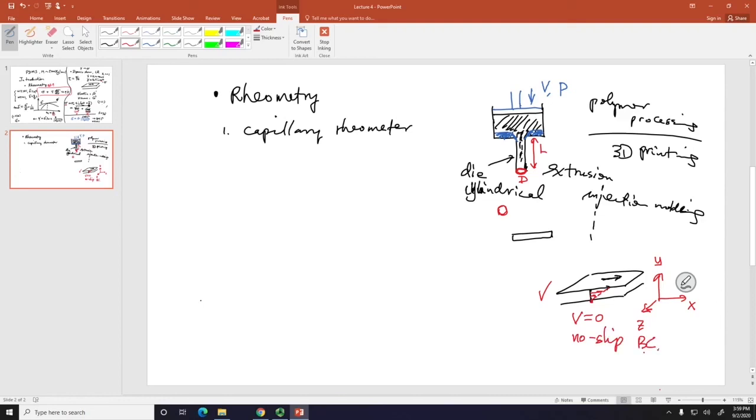But what is not clear is how do you know the no slip boundary condition applies? That's the question. How do you know? In other words, this is discussed under the assumption that there's no slip.